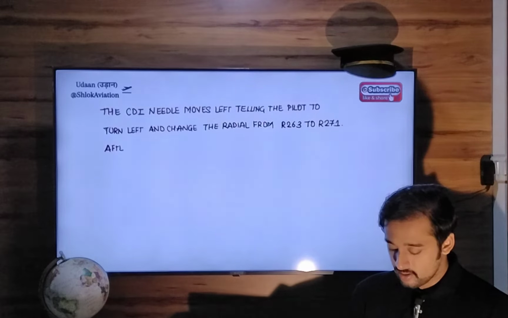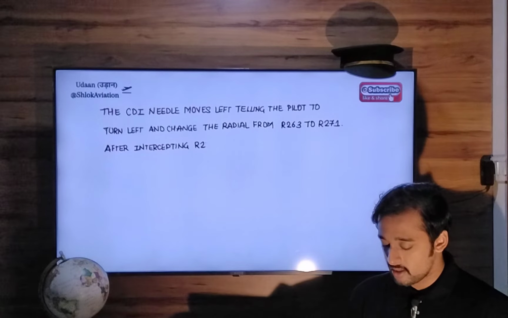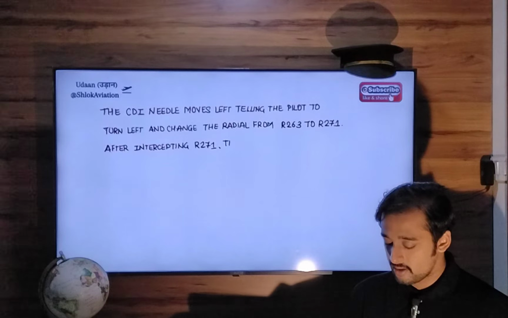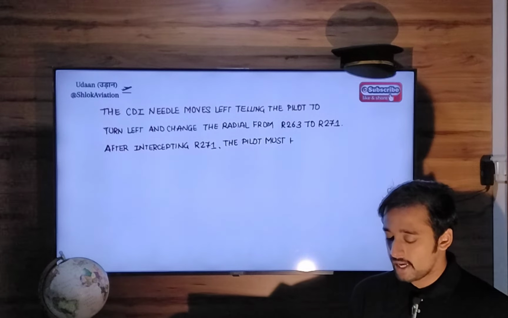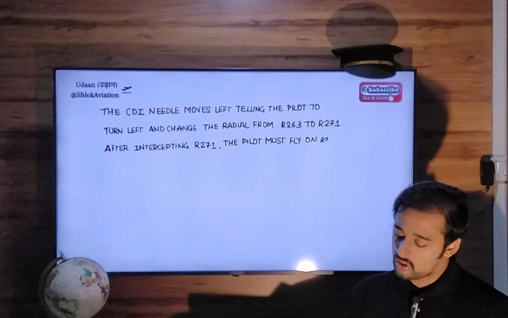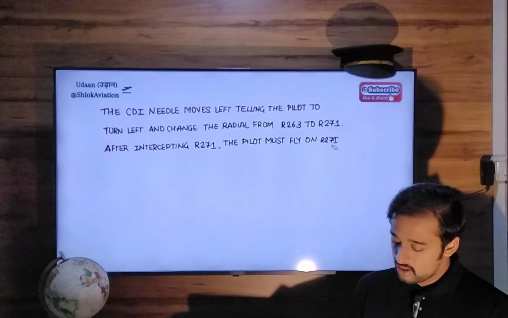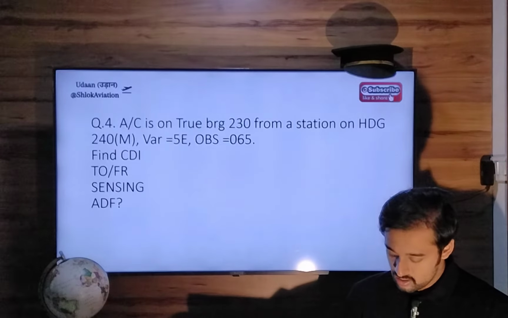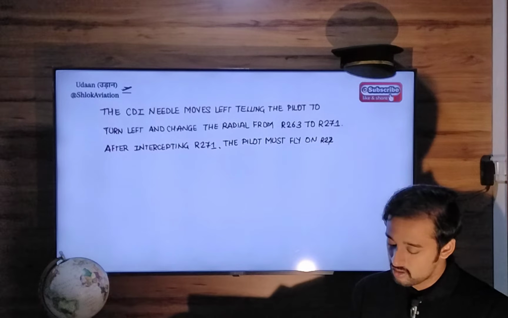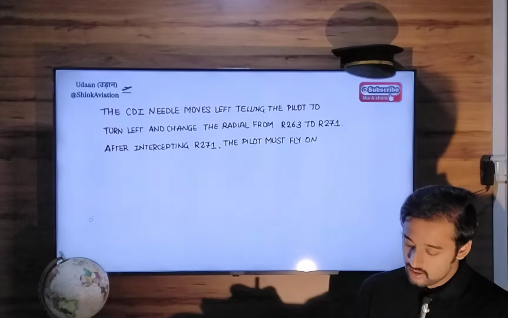After intercepting radial 271, the pilot must fly on radial 271 inbound.